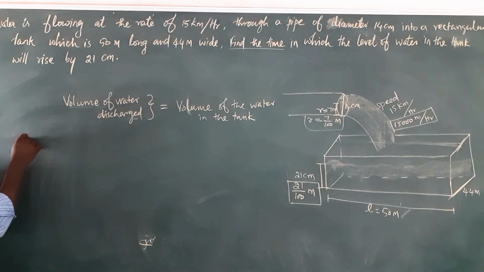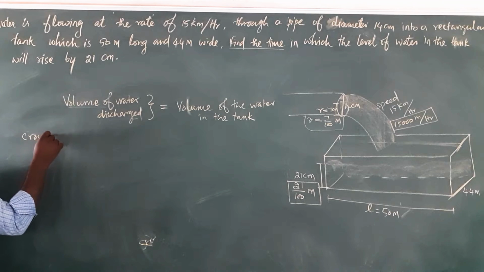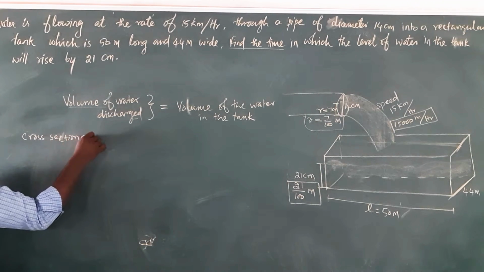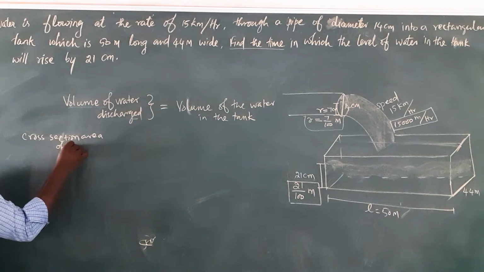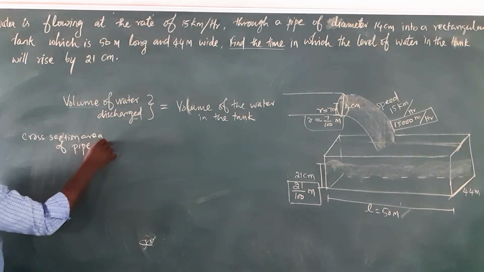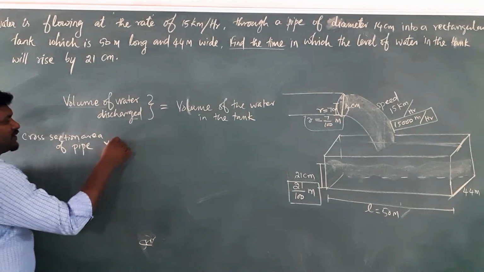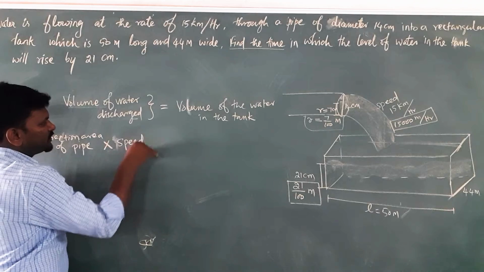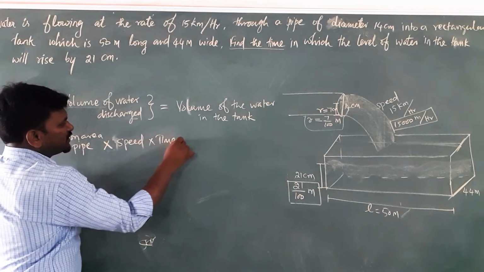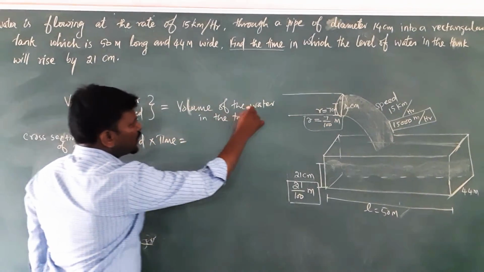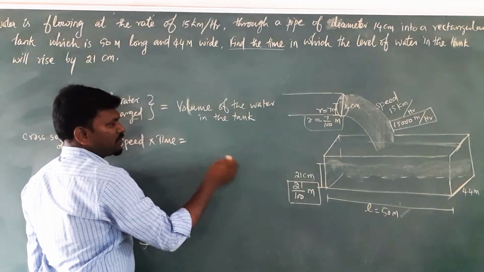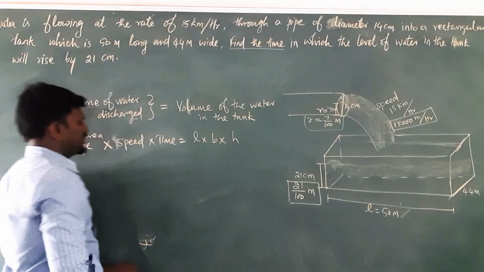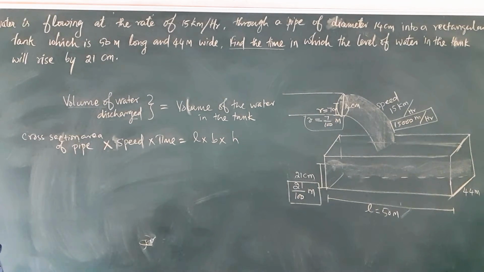So cross section area of pipe into speed into time is equal to volume of water in the tank, which is in the shape of cuboid, so L into B into H, length into breadth into height, the volume of a cuboid.